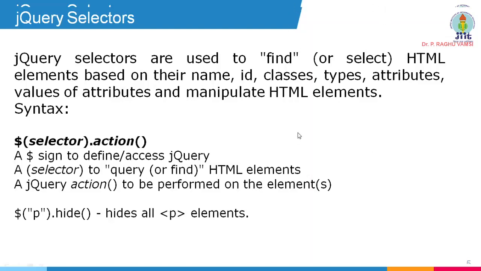For example, if I want to dynamically change the table, or get the values dynamically from a text box, obviously you are supposed to select that particular text box. That is what we mean by selector here. So how can we represent that selector? Either via name, ID, class, type, or attribute.